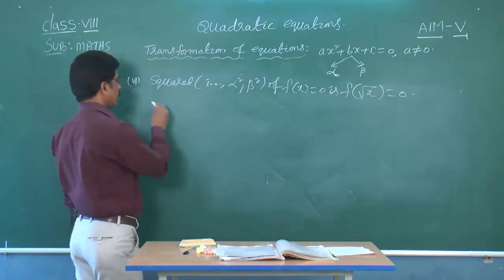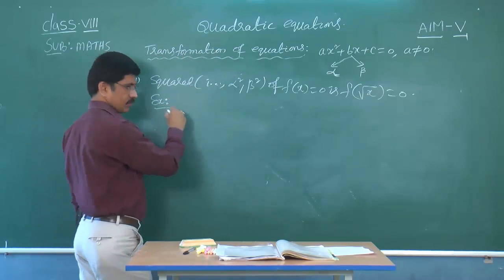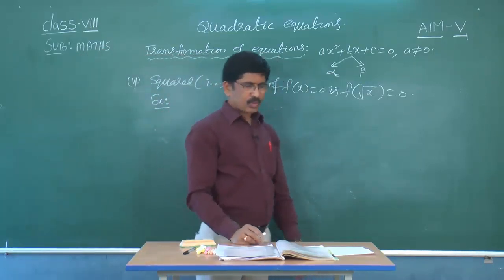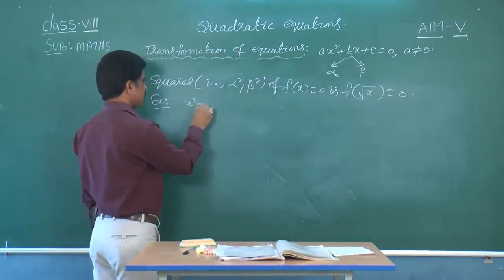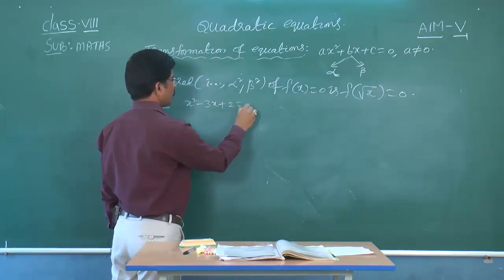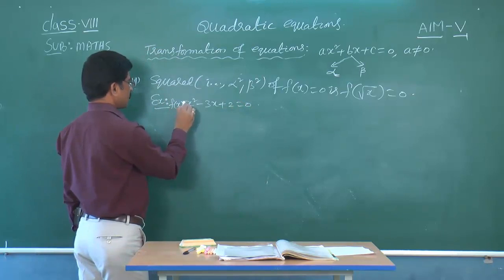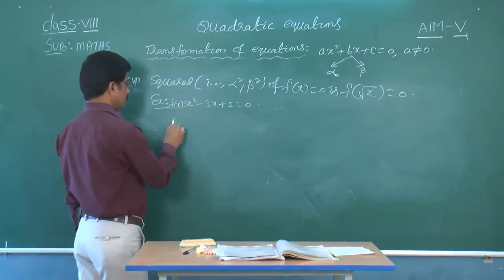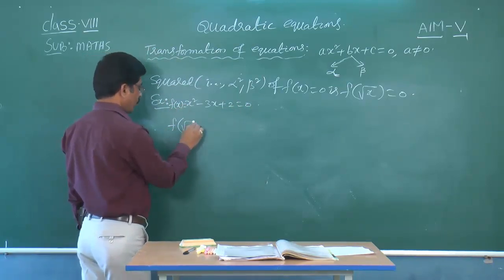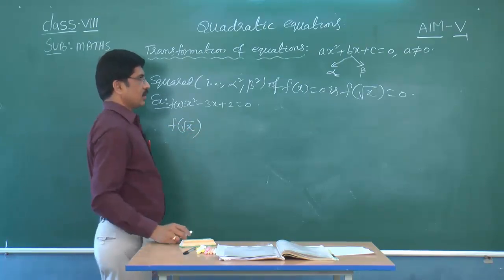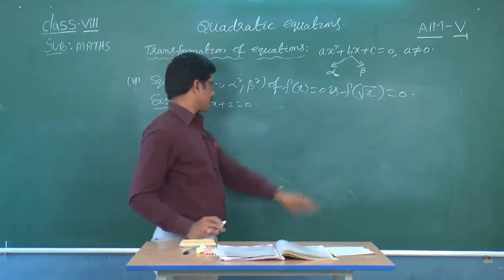Next, example. x square minus 3x plus 2 is equal to 0. It is f of x. Roots are squared, so we take f of root x.